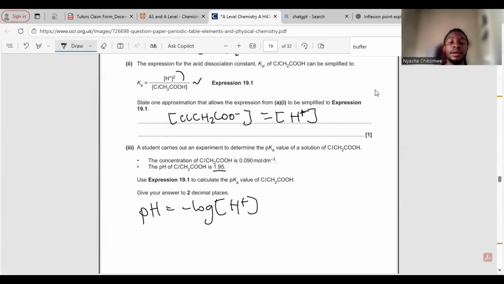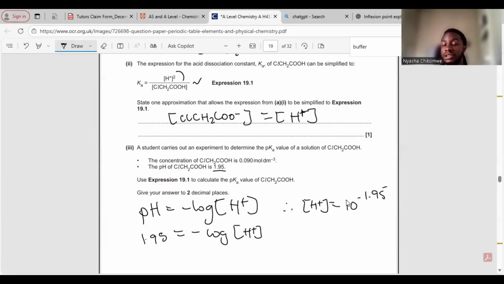So pH 1.95 is equal to negative log of the concentration of H plus. Therefore, the concentration of the H plus ions is equal to 10 to the power of minus 1.95. This is always log to base 10. This is something that people don't mention, but it's base 10.